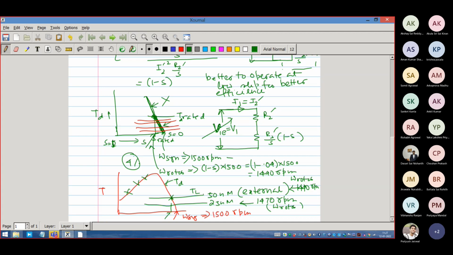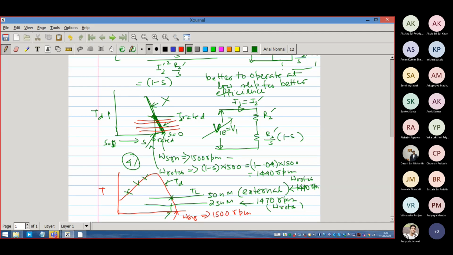So we have to do a kind of control on the torque-speed characteristics, such that I can maintain the speed that the system wants. Why only this? Suppose they wanted to run it at 750 RPM, you see the difficulty.